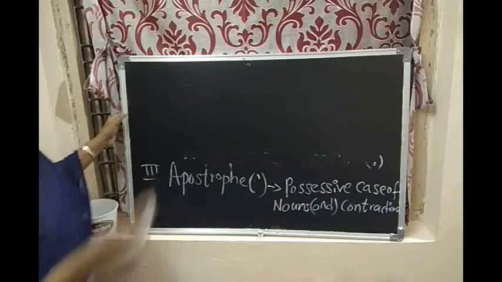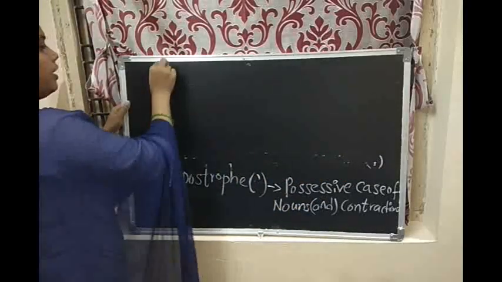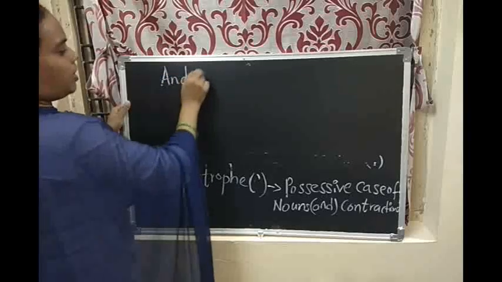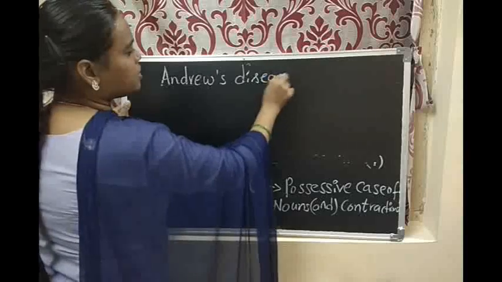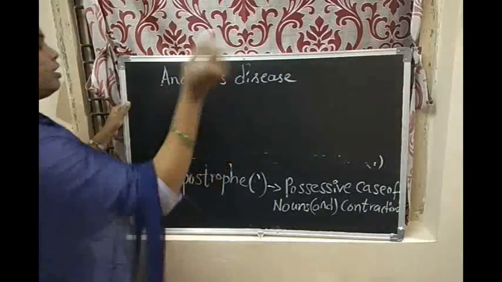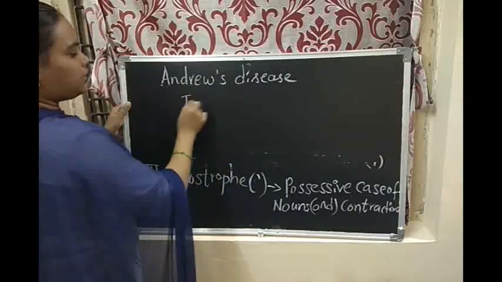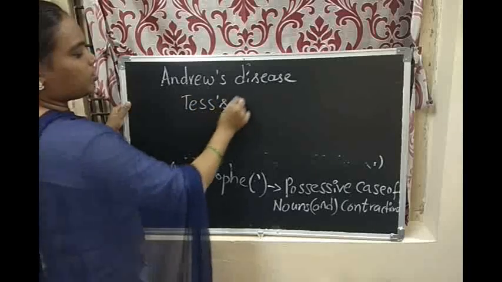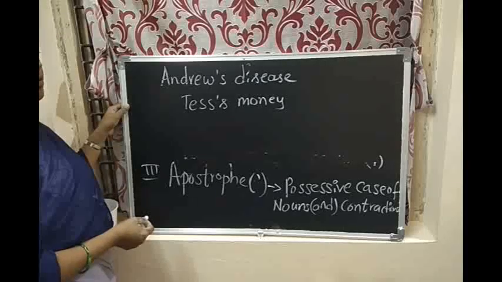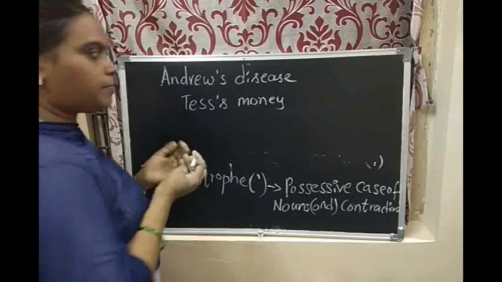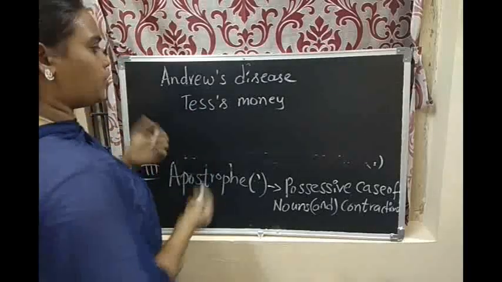See here, dear. In our lesson you can take Andrew's disease, and Tess's money. She saved some money. So we are talking about ours.